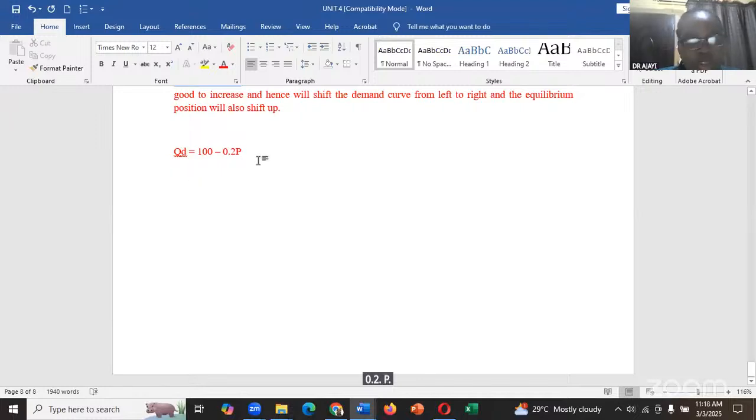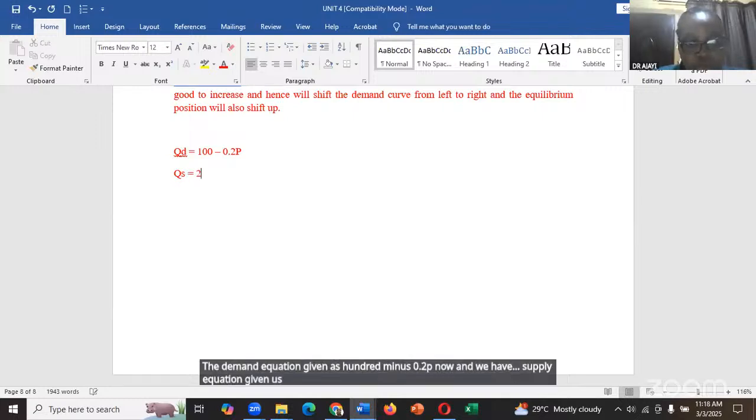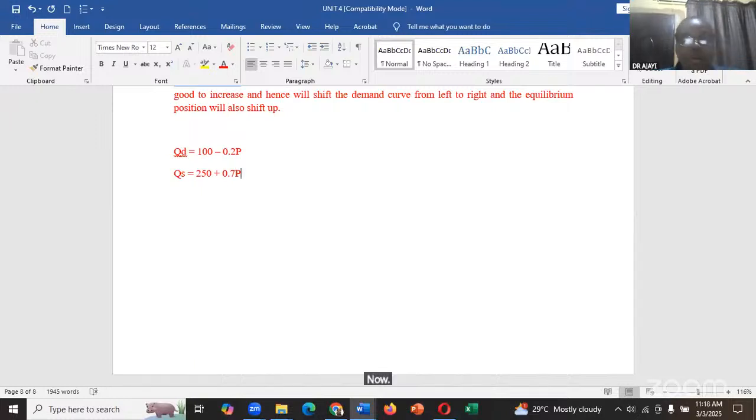A demand equation given as 100 minus 0.2P. Now we have a supply equation given as, let's say, maybe 250 plus maybe 0.7P. Now, for equilibrium, what is equilibrium? Equilibrium price and quantity.